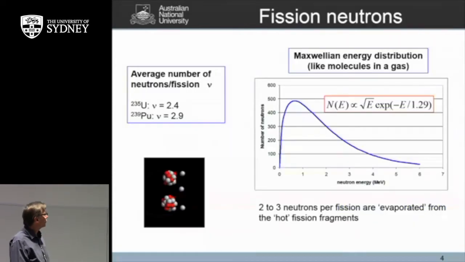Remember, there's 2 or 3 neutrons per fission that come out of the fission fragments, and they have an energy distribution that looks something like this. It's like the energy distribution of molecules in a gas. It's called a Maxwellian distribution, but this is a much higher energy and a much higher equivalent temperature than the temperature in a typical gas. I think if you do the numbers, it comes out to the equivalent of something like 10 to the power of 10 Kelvin.